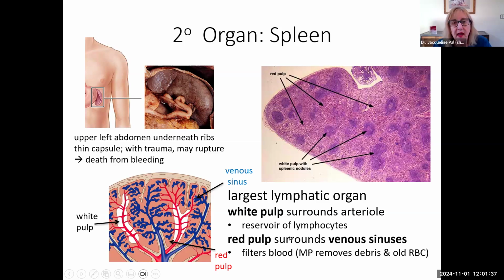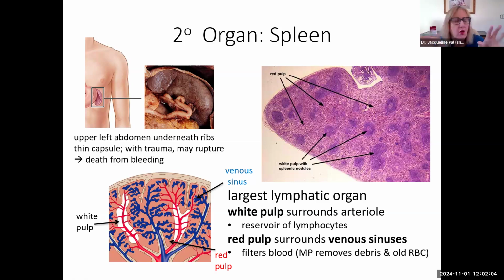So the red pulp actually surrounds the venous sinus, and the whole point of the red pulp is that we are going to be filtering your blood. So there are macrophages sitting here as well as your red blood cells. The macrophages are cruising around like Roomba vacuum cleaners, looking for any kind of debris that was brought in with the blood. Is there any bacteria in the blood we need to phagocytize?